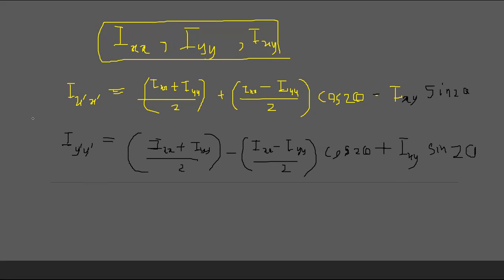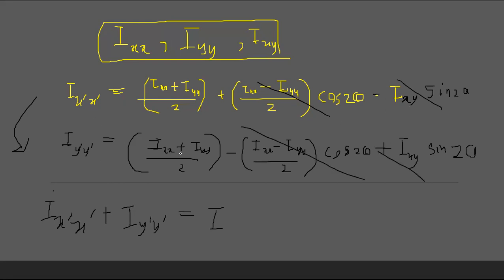But what happens if you add these two together? Ixx dash plus Iyy dash, the terms will cancel. So this is going to be Ixx plus Iyy. So what is this? We call this the polar moment of inertia, I naught.